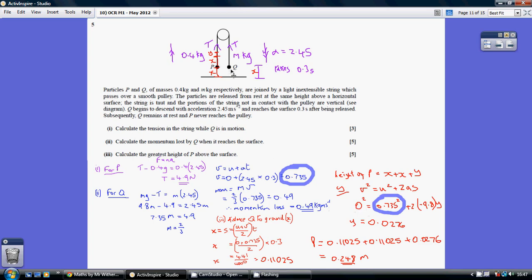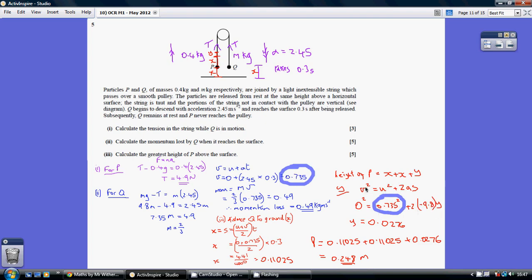Now, key point, the initial speed of P as it starts the final bit of its journey is going to equal the final speed of Q as it crashes into the ground, which we worked out earlier to be 0.735. So that is our u. We know we are fighting against gravity, so our acceleration is minus 9.8.